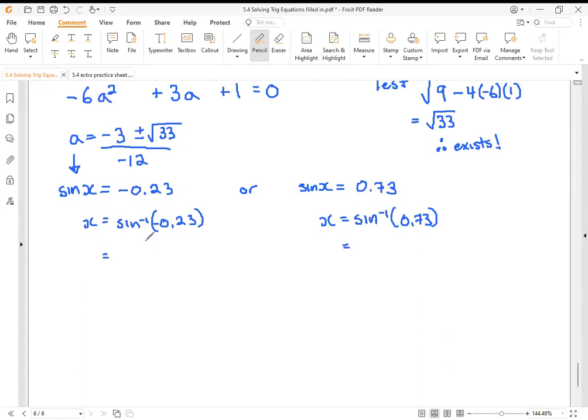Inverse sine of negative 0.23 is approximately, oh, interesting, negative 0.23 radians. Whoa, coincidence. Inverse sine of positive 0.73 equals 0.82 radians.